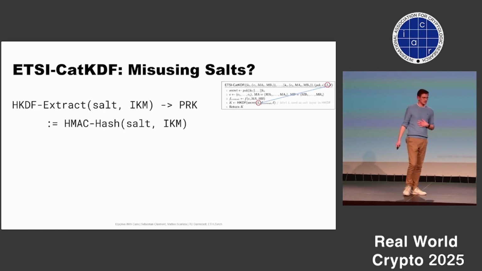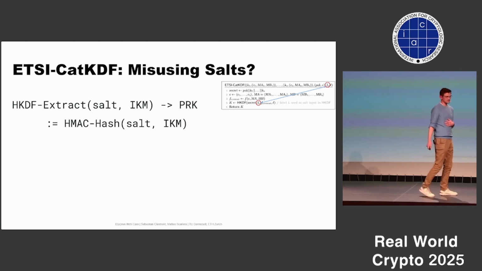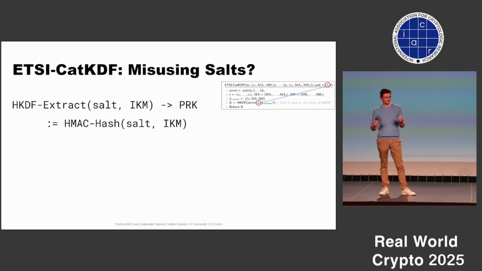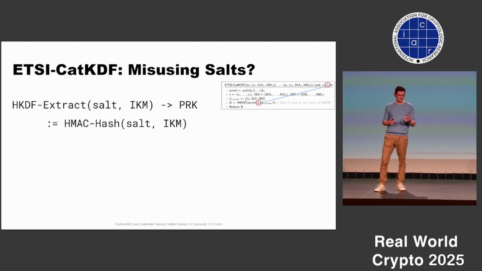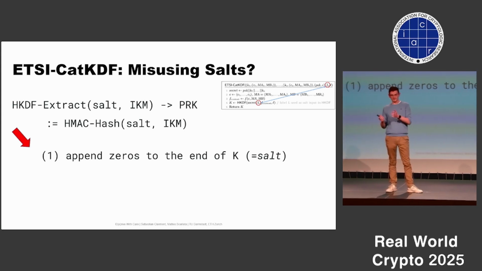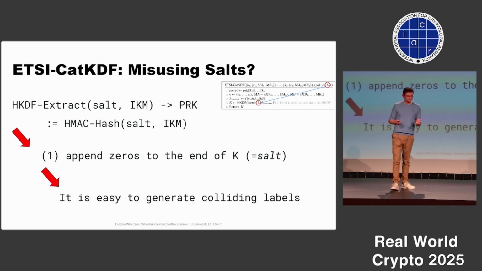If we look at how HKDF works, it first performs an extraction step with the salt, which is now the label. And if we look at how this extraction step is defined, it uses HMAC, which is a keyed primitive, where the key is the salt, which again is the label that is provided to the etc/KDF. Actually, the first step of HMAC hash is to append zeros to the end of the key, which is the salt, which is the label, until the desired length is reached.